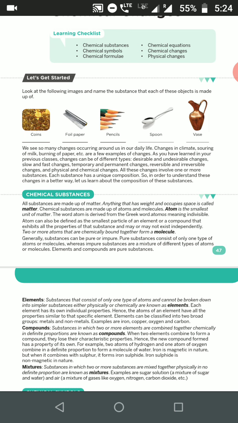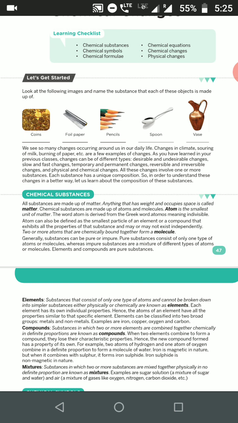Atoms can also be defined as the smallest particle of an element or a compound that exhibits all the properties of that substance and may or may not exist independently. Again, I am repeating, atom is the smallest particle. We have told you that matter is made up of the smallest particle called atom.